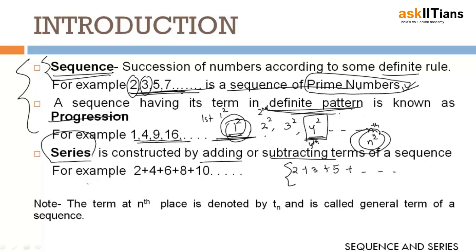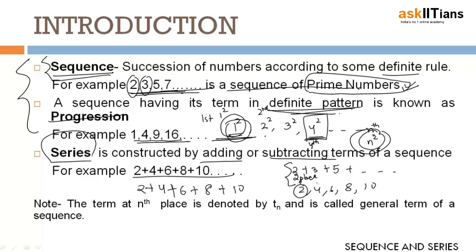And as given here, this is again a series of even numbers. If we had written this like 2, 4, 6, 8, this would have been a progression. Why? Because can you see a pattern here now, that each term is twice its place value.